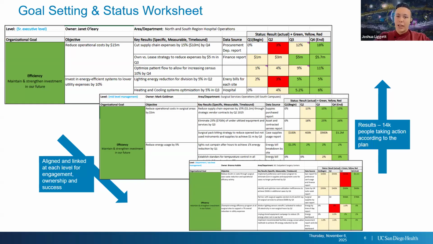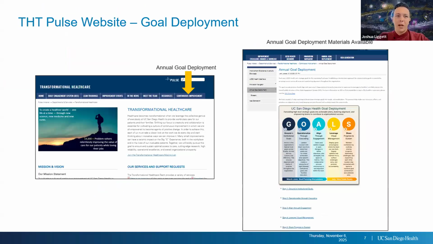We'll talk about how that looked in our transplant implementation shortly. Ultimately, this looks like the entire 14,000 employees at UCSD taking action according to a more unified plan, even if we might be looking at different elements in different parts.